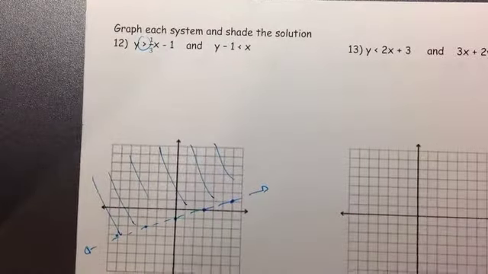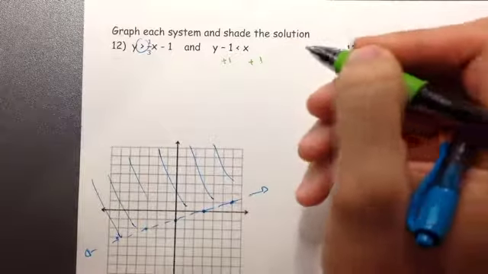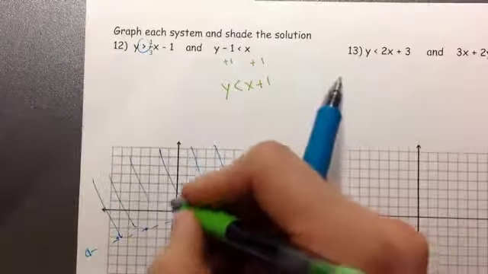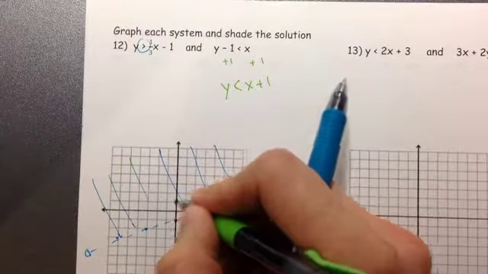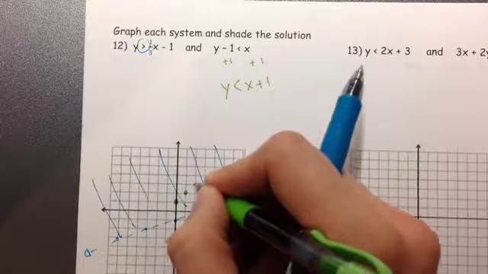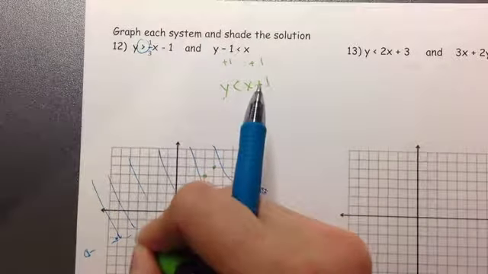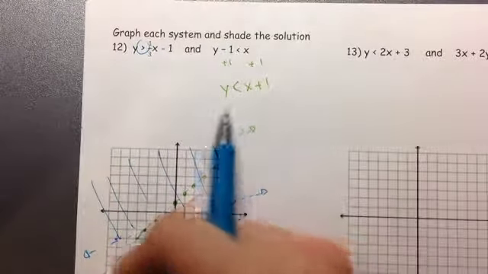My second line, I'm going to use this fancy green color. It's not solved for y, so I'm going to have to get that 1 to the other side, and now I'm ready to go. So I got a plus 1 for my intercept. I've got a positive 1 also for my slope, so I'm going to get some points. This line is also going to be dotted. There's no equivalency bar, so we can be less than this line, but we cannot be on it.